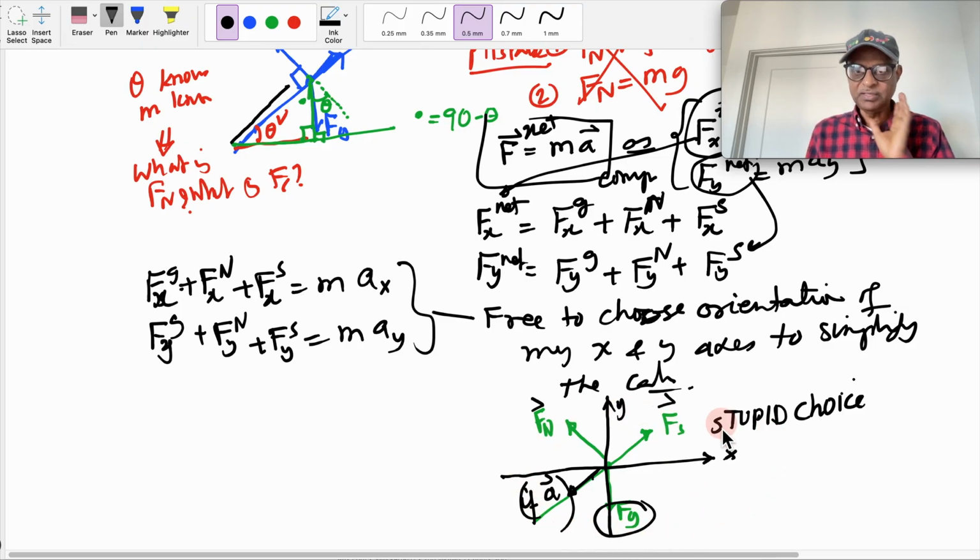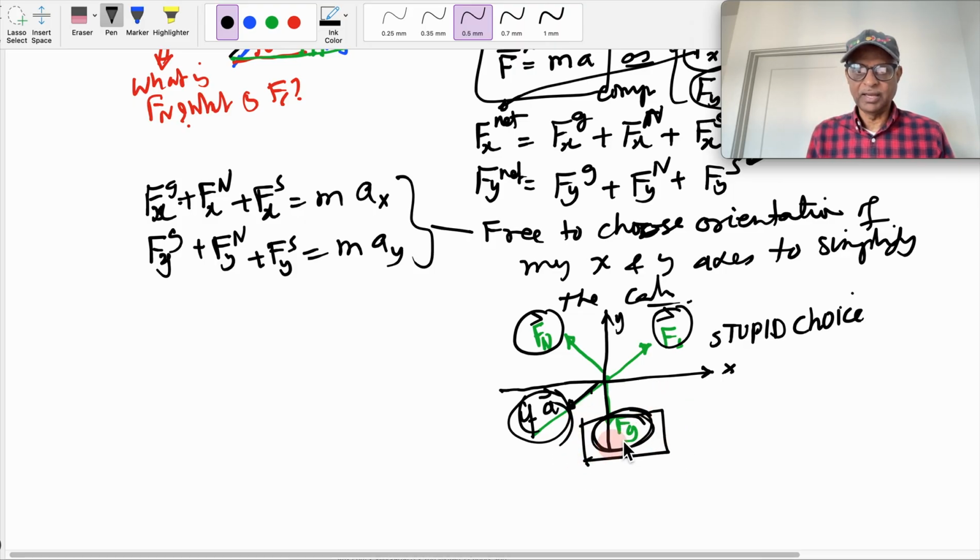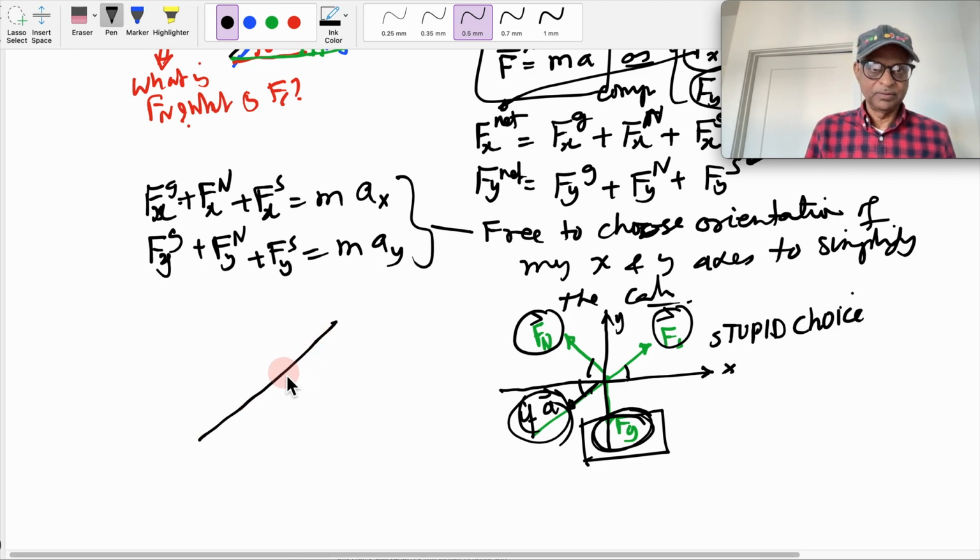So in this stupid choice, I have 1 vector, 2 vector, 3 vector, 4 vector to deal with, and only this guy is along the axis. Everybody else is off axis, so I need to figure out these angles and break them up. So each one of them is going to lead to trouble. So find a way to minimize the work.